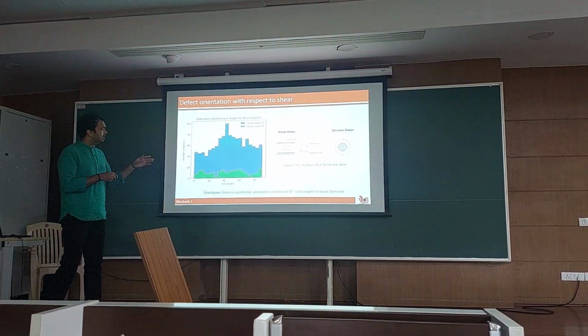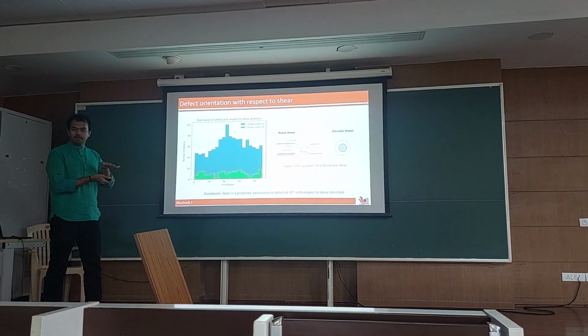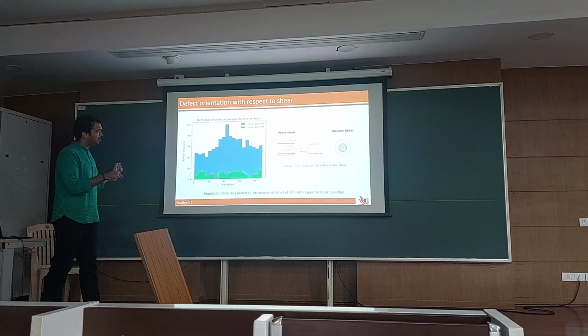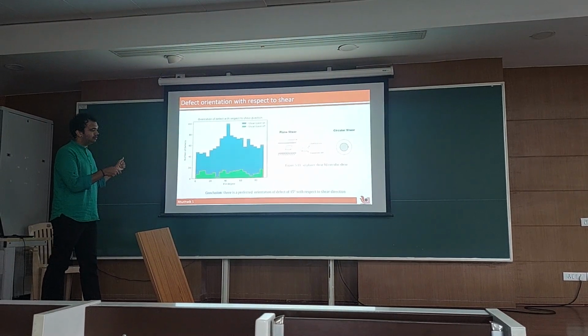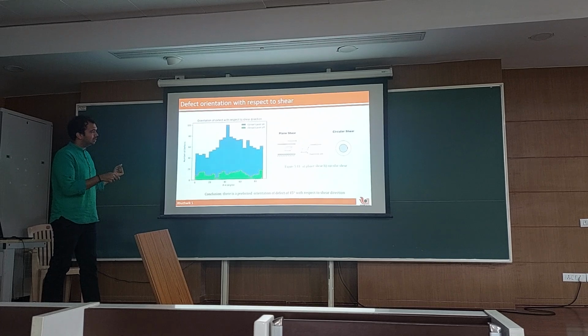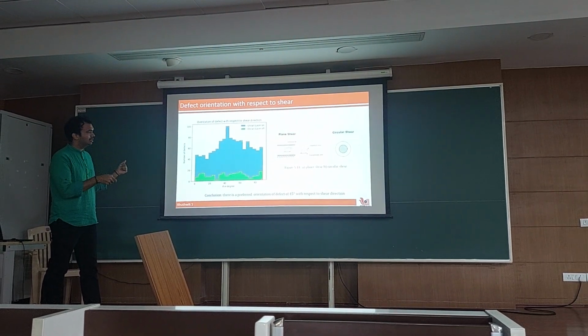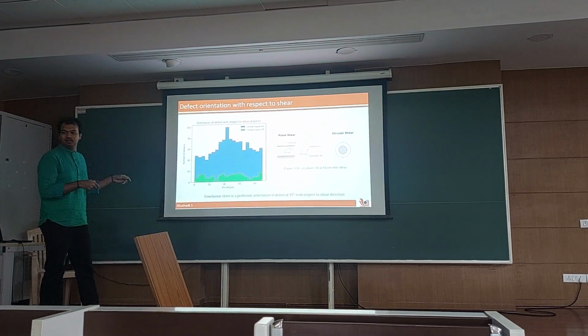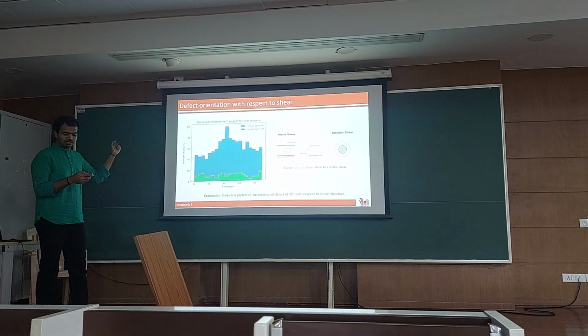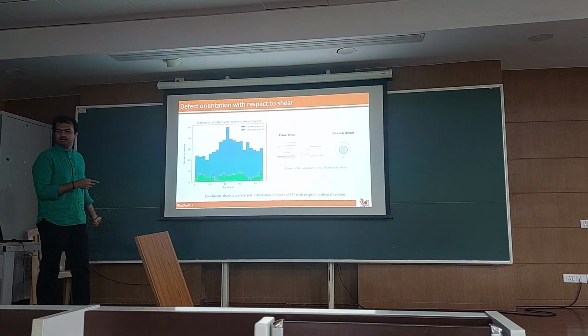So you can think that when plane shear is applied, this expanding component will make around 45 degrees with the direction of the shear. In the circular case also it will create 45 degrees along the shear direction, similar to what they have seen in the crystal.